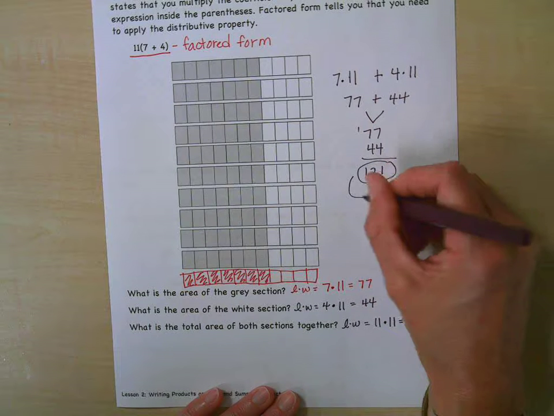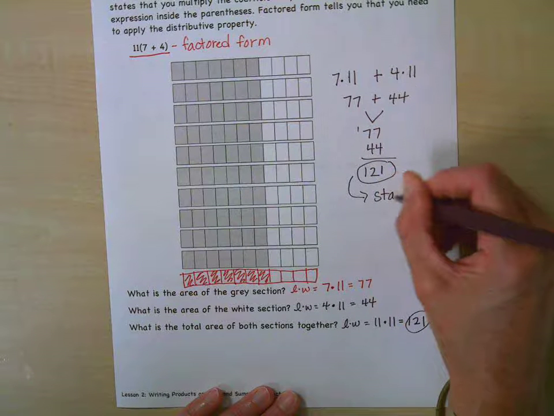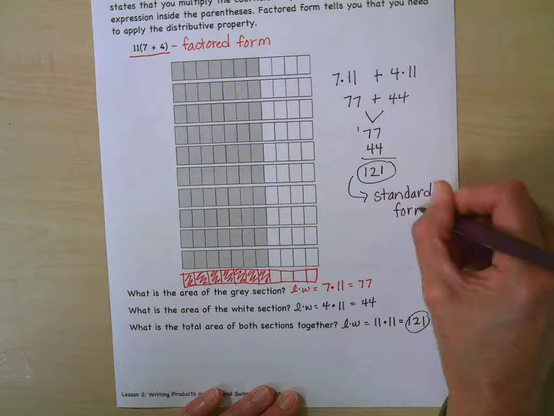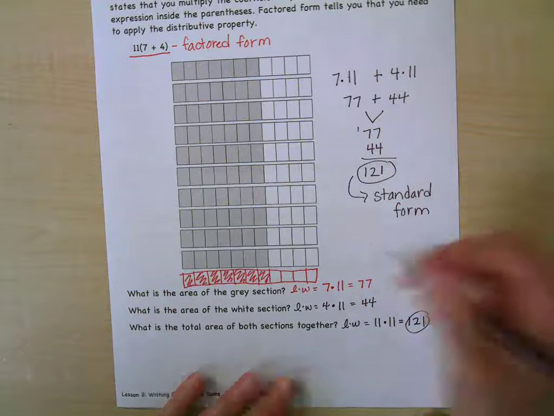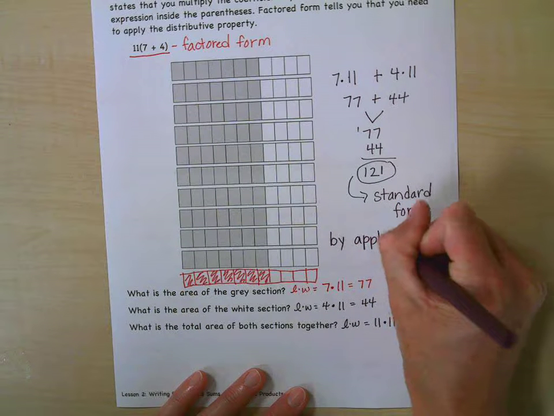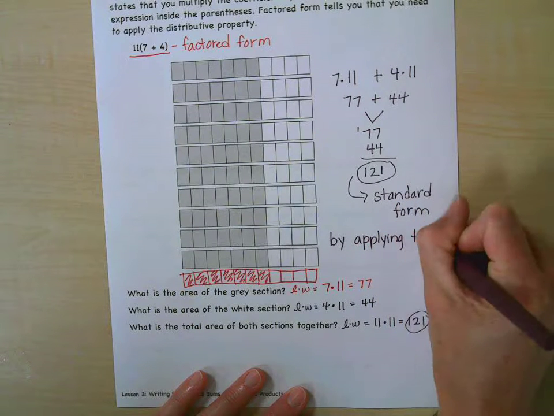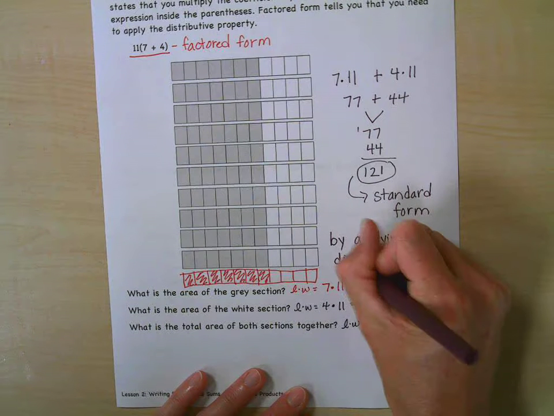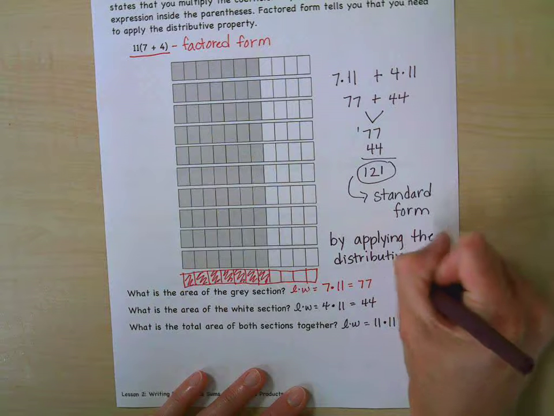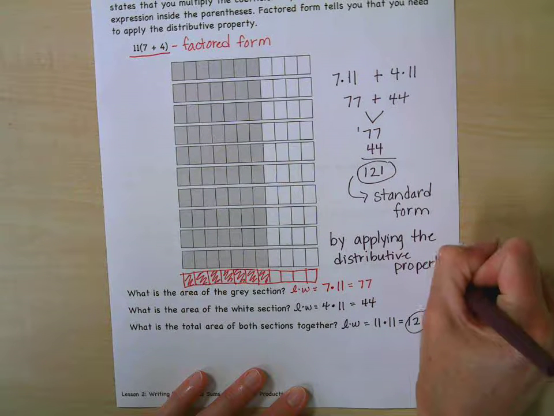And so, doing this over here, this little answer right here that you got, this is called standard form because you found the answer, and the way that we found the answer was by applying the distributive property.